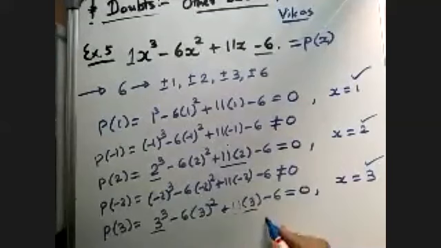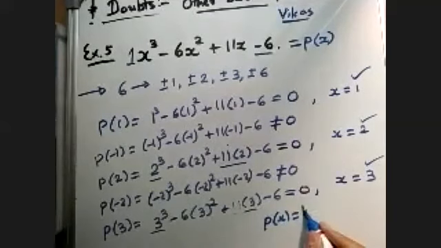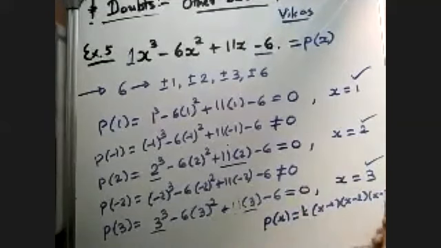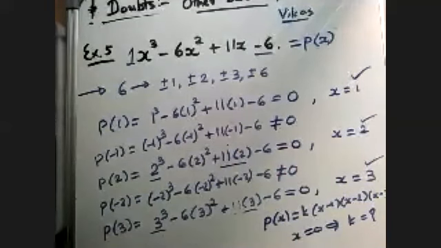Then the polynomial will be k times x minus 1, x minus 2, x minus 3. Then after comparing it with p of x and putting x equal to 0, we will find the value of k. And if it is a fourth degree polynomial, then we will also find the fourth root. Right? So it all depends on the question what we should do after 3 factors.